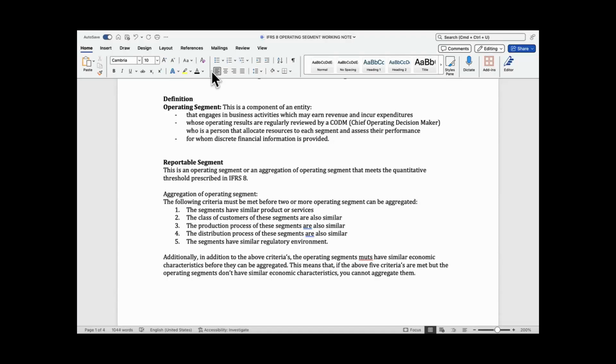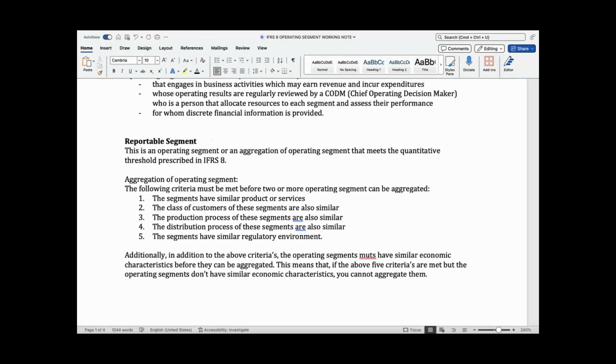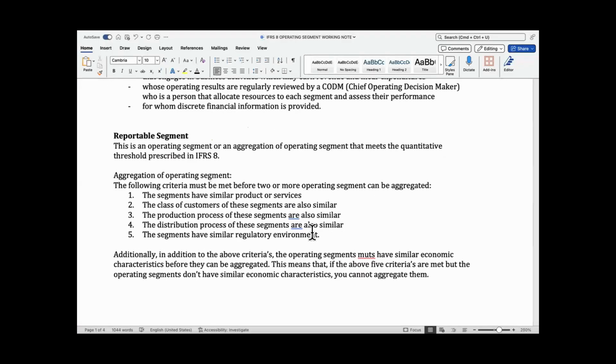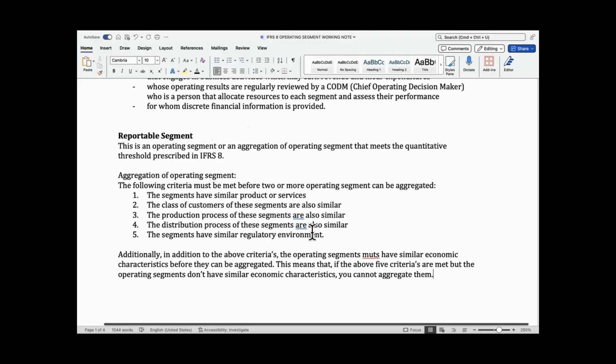And when we say economic characteristics, you are talking about having similar productive performance or performance indicators. The two of them must either be profitable, or the two of them must be loss-making centers.